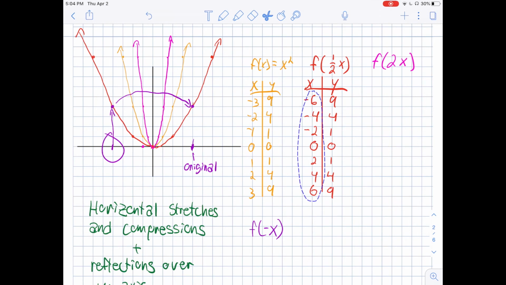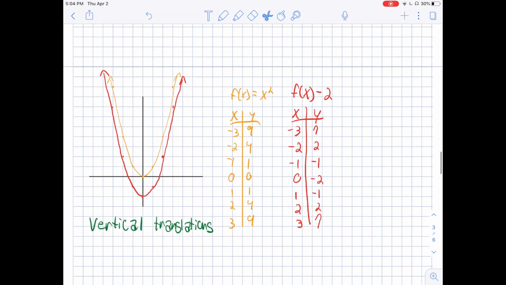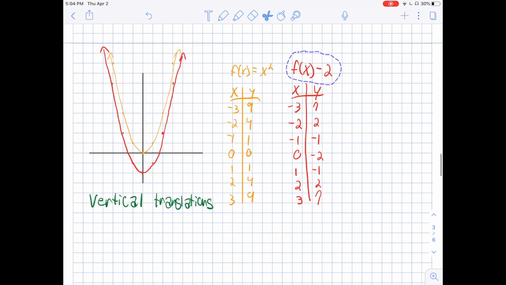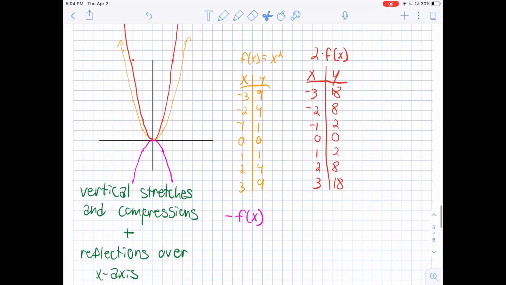And here we have our y values, which are just the outputs of our function, so f of x. So all you have to do is take f of x and subtract or add to it to shift your graph up or down. Or if you want to stretch it or compress it vertically or reflect it, all you have to do is multiply your f of x or make your f of x negative.